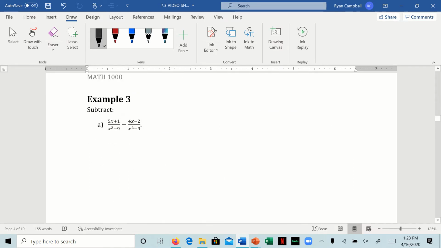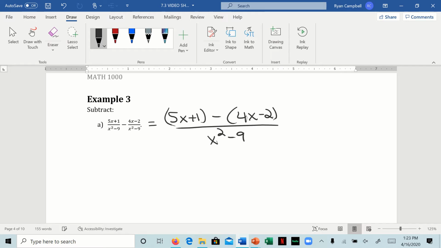All right. Part A. So we have the same denominator, so we can just subtract. So 5x plus 1 minus 4x minus 2 over x squared minus 9. So this is kind of why I was doing the parentheses with the addition. In this case, it's negative 1, right? We have a negative 1 out front.